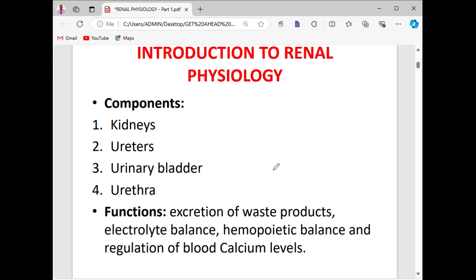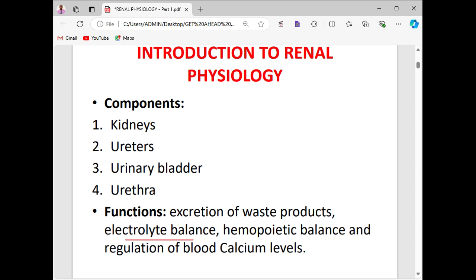The other function is homeostasis. Under homeostasis, we have electrolyte balance, water balance, and the control or regulation of blood volume.